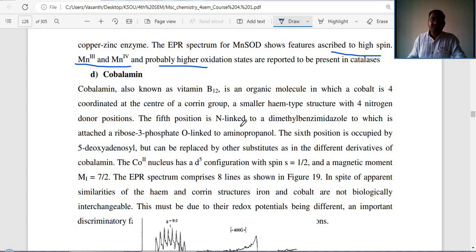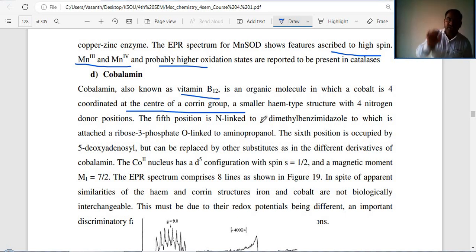Cobalamin is also known as vitamin B12. It is an organic molecule in which cobalt is 4 coordinated at the center of a corrin group, a smaller heme type structure with 4 nitrogen donor positions.